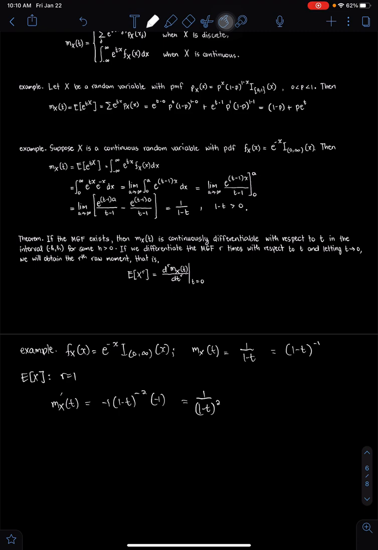The expected value of x, according to the theorem, is just the first derivative of the moment generating function evaluated at t equals 0. So that will just be 1 over (1 minus 0) squared, and that will give us 1.